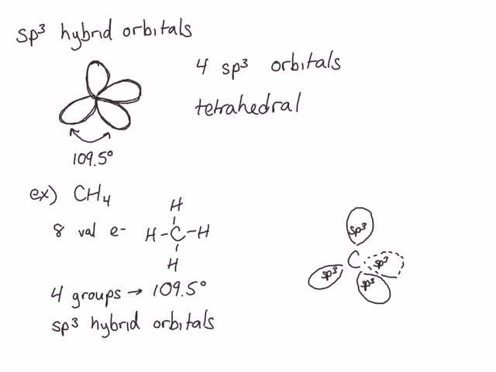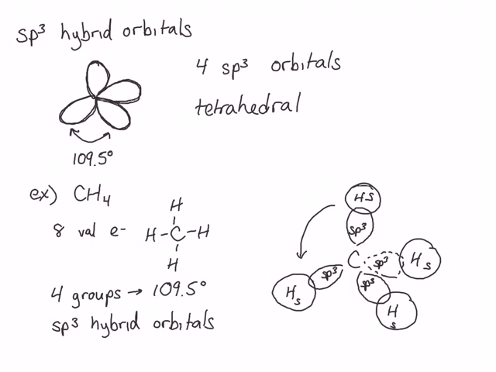Again, hydrogen is just going to use its s orbital to hold its 1 pair of electrons. Each of these bonds is going to be spaced apart from each other bond by 109.5 degrees. We have 4 sigma bonds here between the s orbital of hydrogen and the sp3 hybridized orbital of carbon, and this is what our molecule of methane is going to look like.